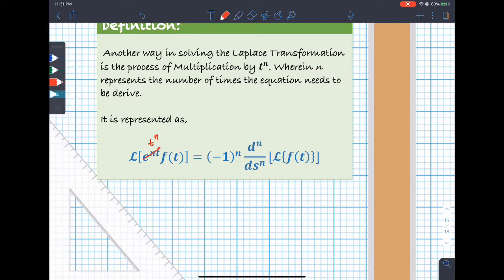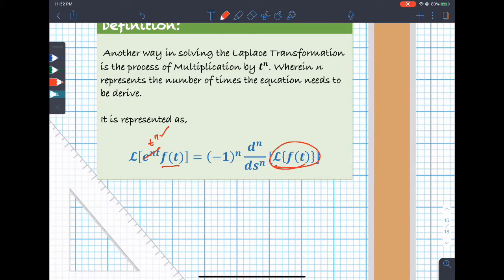If a function is multiplied with t raised to n, this is our formula: negative 1 raised to n, and then the nth derivative, with respect to s, of the Laplace transform of f of t. Our first step is to find the Laplace transform of f of t. Then, depending on the power of t, or the value of n, that is how many times we're going to differentiate the Laplace transform, and then multiply it with negative 1 raised to n.